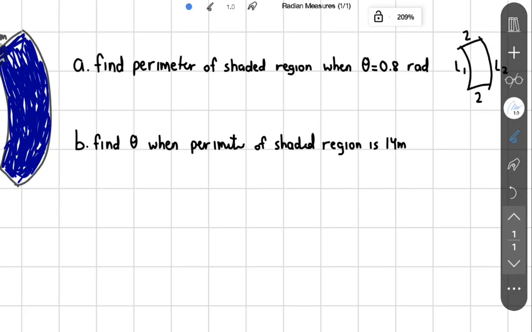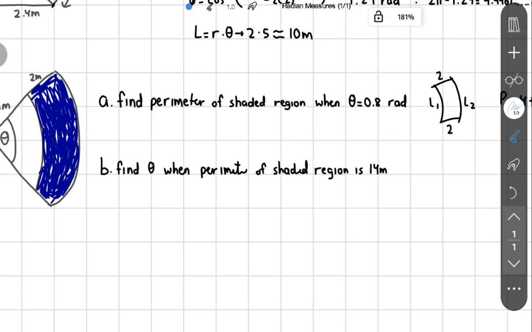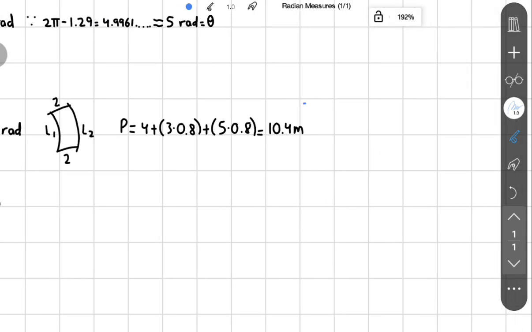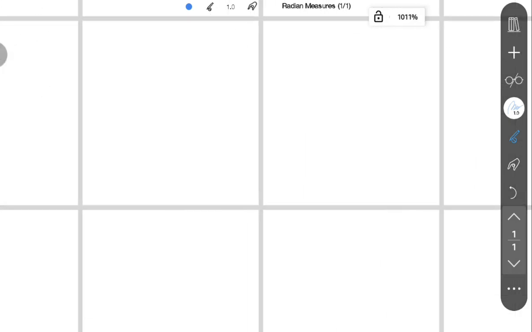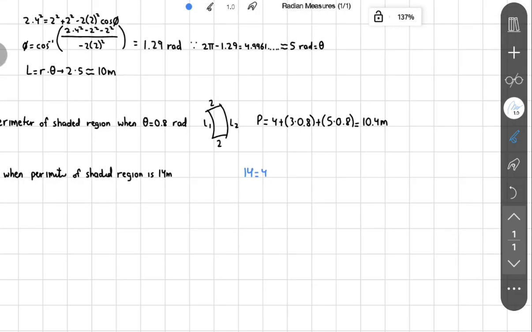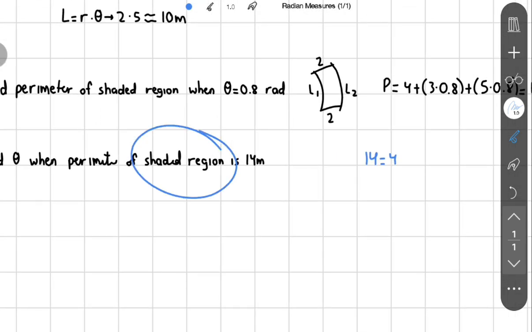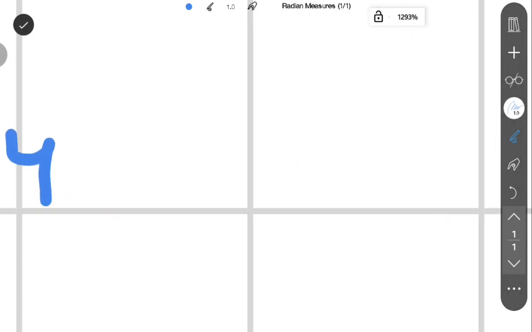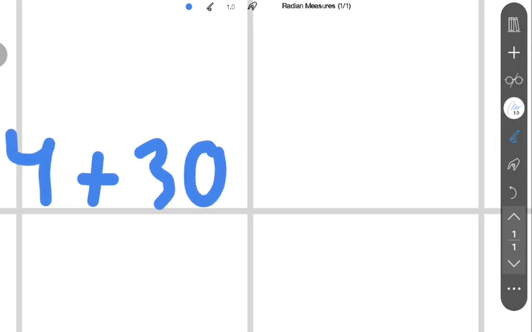The second question states: find the measure of the angle, obviously in radians, when the perimeter of the shaded region itself is 14 meters. We already know the formula to calculate the perimeter, so all we'll do is find theta. The perimeter, which is equal to 14, is equal to 4, as the shaded region is the one we're calculating, plus 3 theta plus 5 theta.